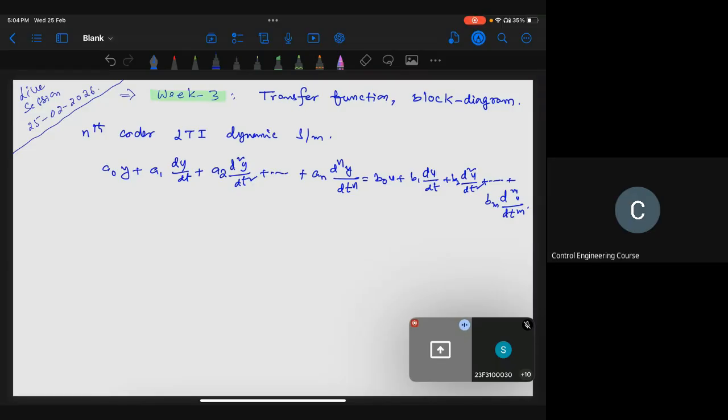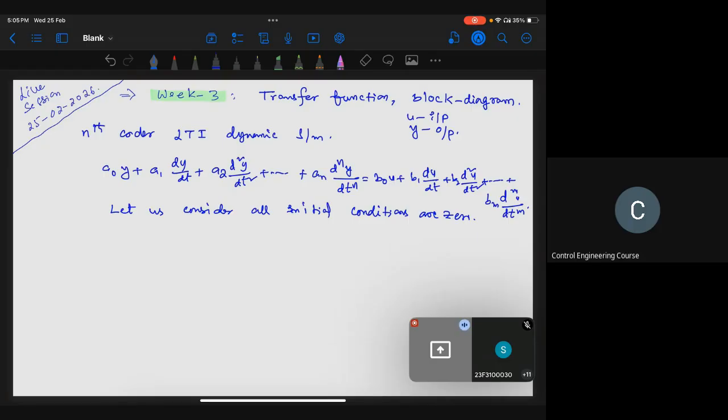For this case, let us consider all initial conditions to be zero. Here u is the input and y is the output.